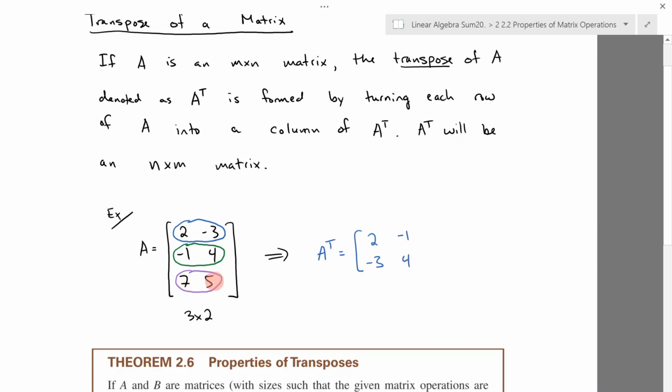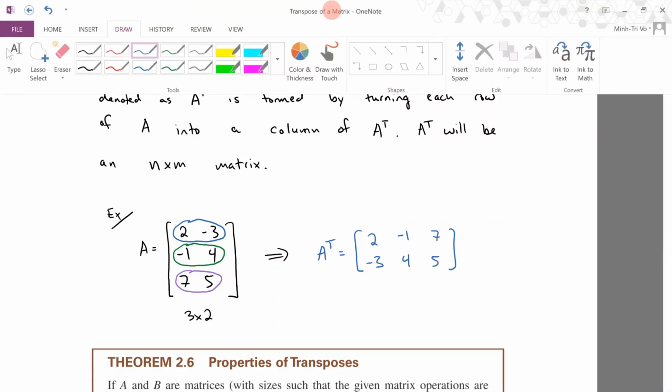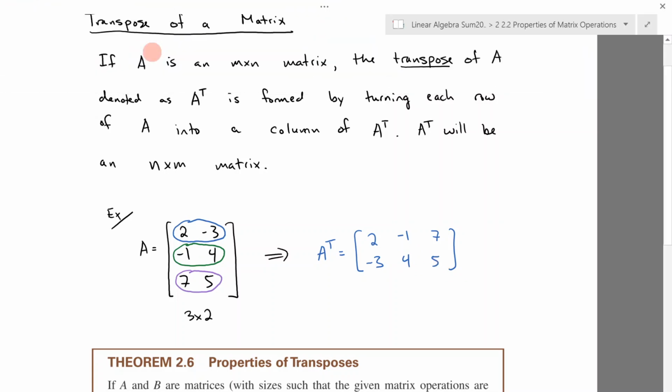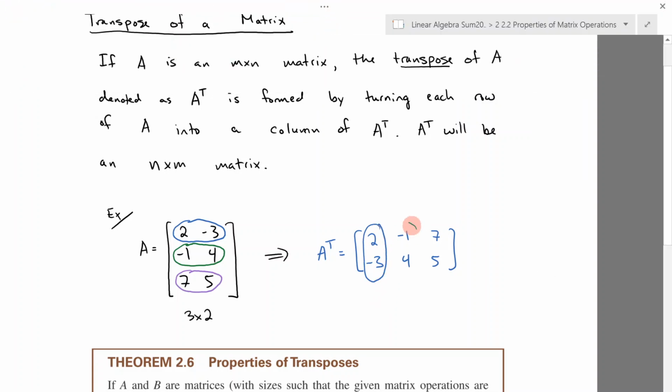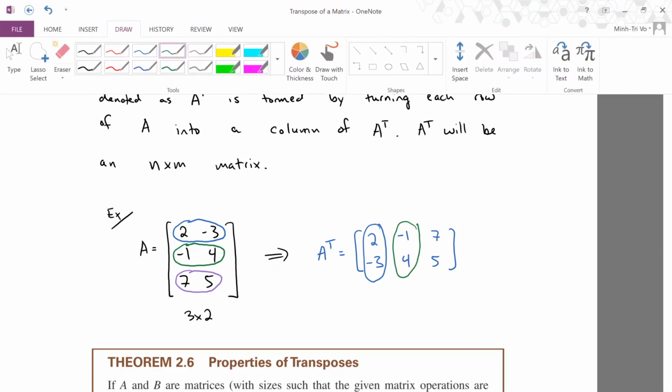The third row, 7 and 5, turns into a column with 7 and 5. Each row turns into a column in the transpose, and as you can see, the resulting matrix is now a 2 by 3 matrix.